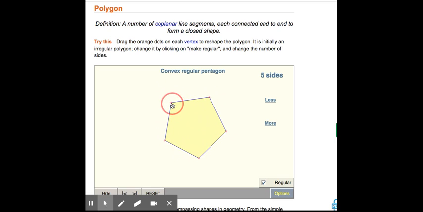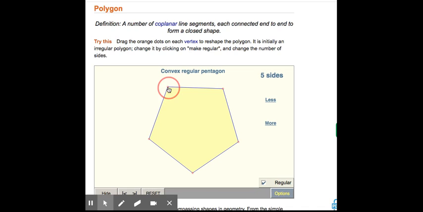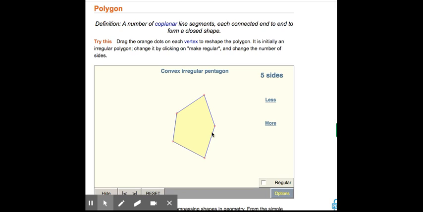So it's either going to shrink or it's going to stretch. If I uncheck regular, then I still get a pentagon. And so far it's still a convex pentagon, but the sides are no longer congruent.